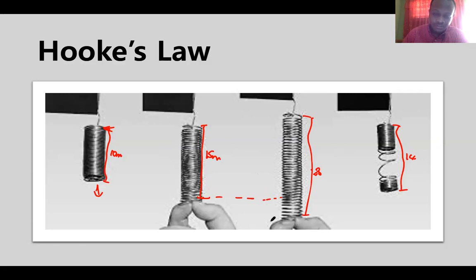What will happen? Sir, it goes back. Right. So it would eventually go back. So it depends on the amount of force that we place on it that determines the extension of the spring. Now, say we stretch the spring so far, say 40 meters, all the way down here.